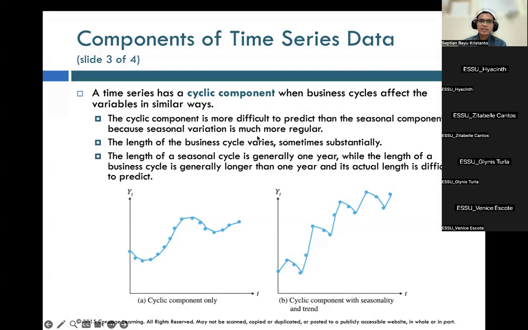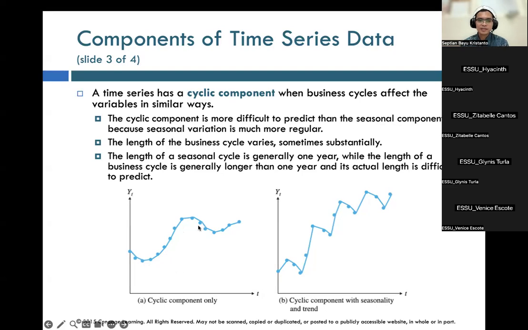The next one is a cyclic component. A cyclic component is also similar to the seasonal, but it takes effect at different time conditions. Look at these ones when we have the cyclic component only. We also find that after downs, they can go up, and after ups, they can go down.